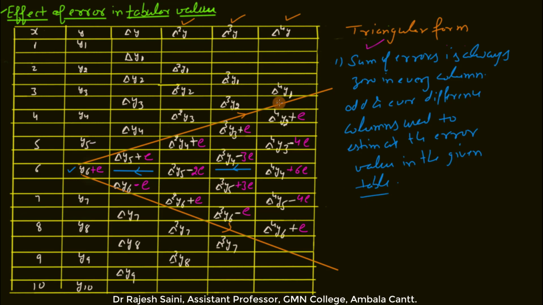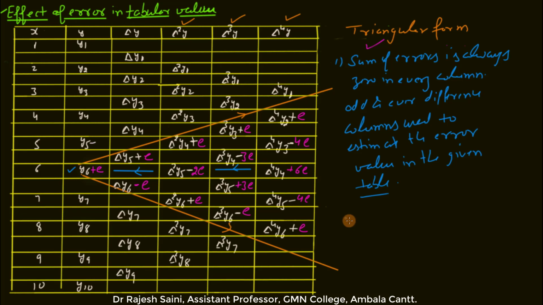Fine. And for that you will make sure that the value against which you are drawing the line, in that particular column either the sum of the values is 0 or it is minimum with respect to its succeeding and preceding columns.